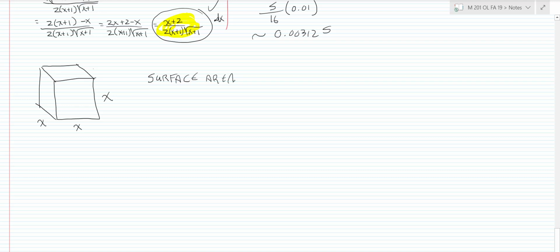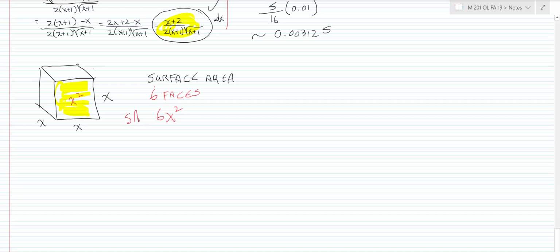Really, what a surface area is, you just do the area of each face. So you do base times height, so that would be x squared. If you're going to do the total surface area of a cube, there are 6 faces. So that just means it would be 6x squared.